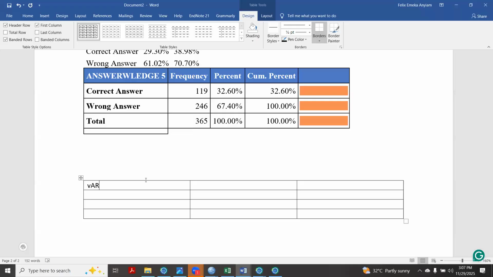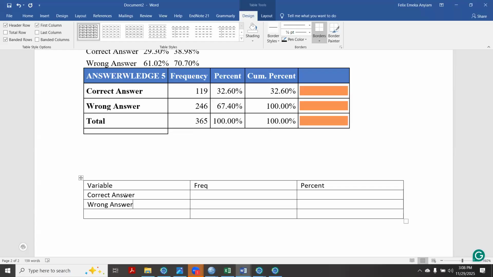So you have your variable, you have your frequency, then you have your percent. So now here you have the correct answer. Then here you have the wrong answer.